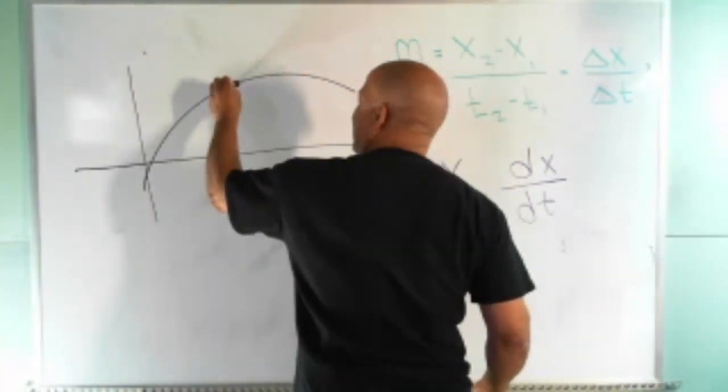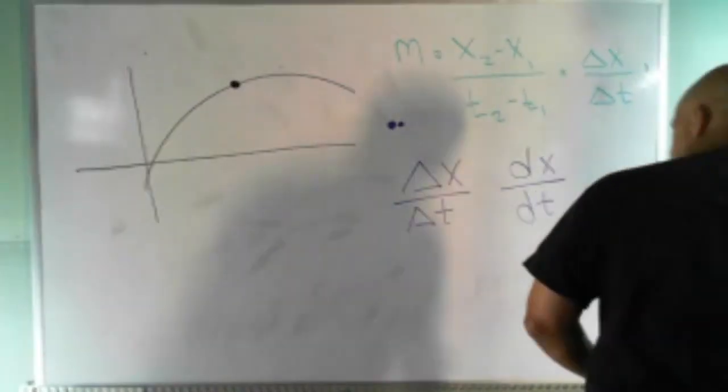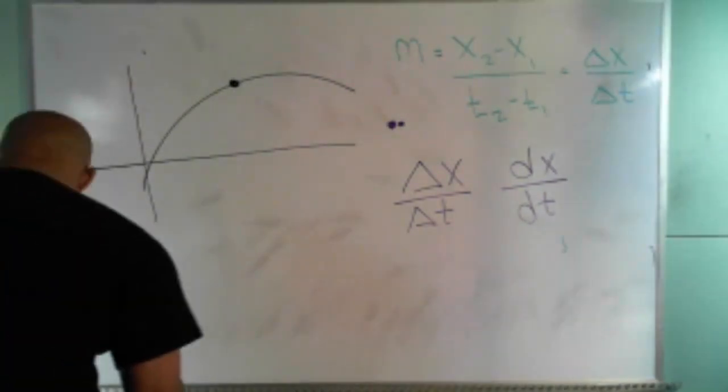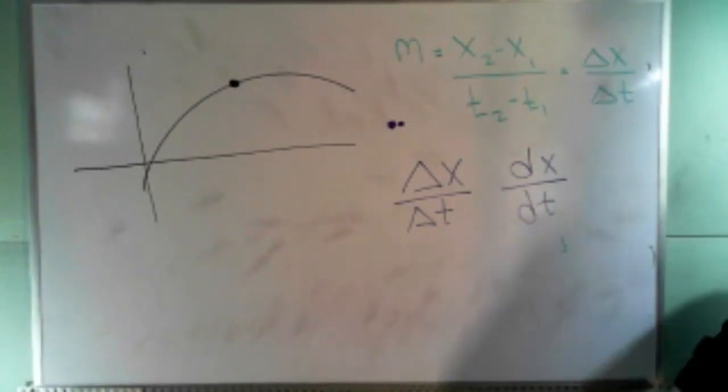I got my 1 point right there. And then I got a line that goes through it. I don't know where that, oh, my green marker must have fallen. Yep.